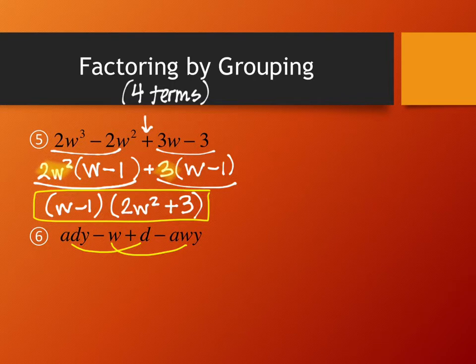So if I consider the ADY, and if you need to rewrite it so it's easier to see it in the order that we want now, you can do that. So as I consider the AD and Y and the D, now they actually have something in common, namely a D. And if I take out the D, I'm left with AY plus 1.